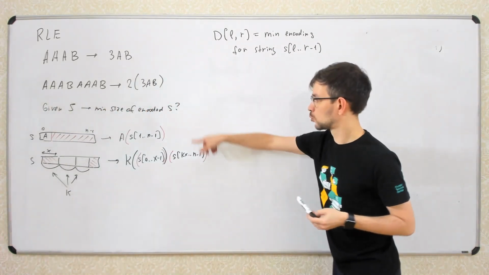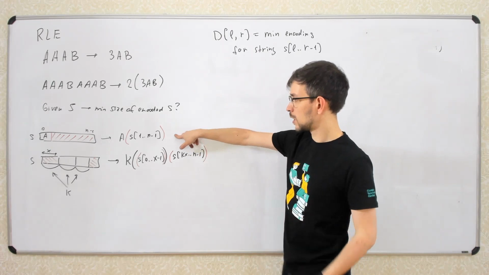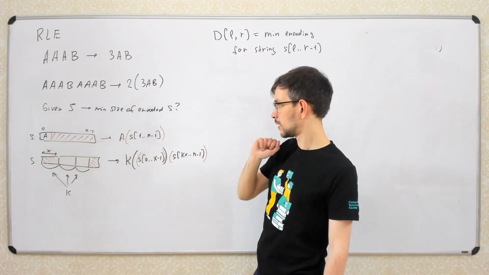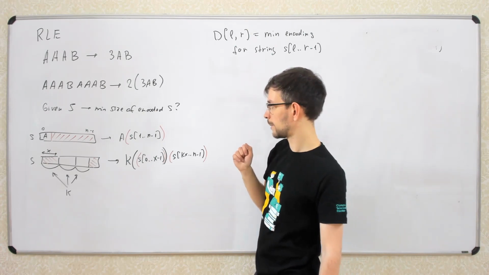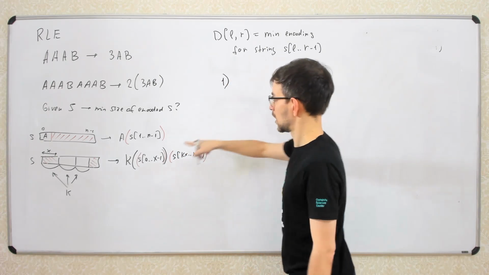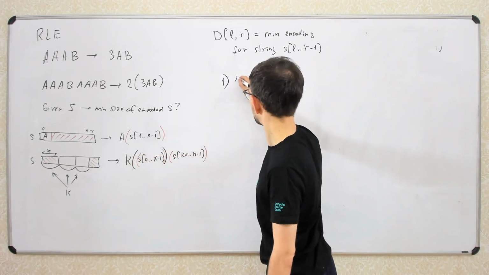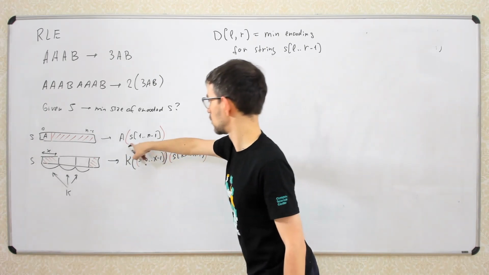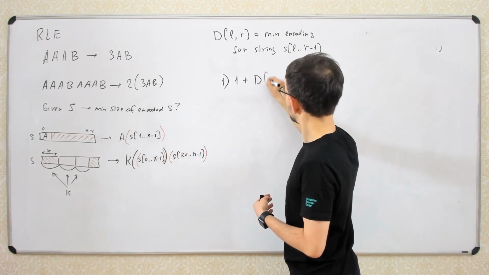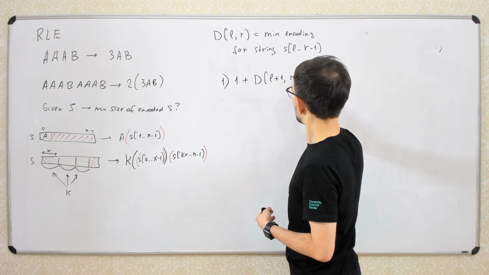And now let's solve it. In the first case, we leave the first character as it is and solve the same problem for the rest. So in the first case, we have one character here plus the solution for the same problem from L plus 1 to R.